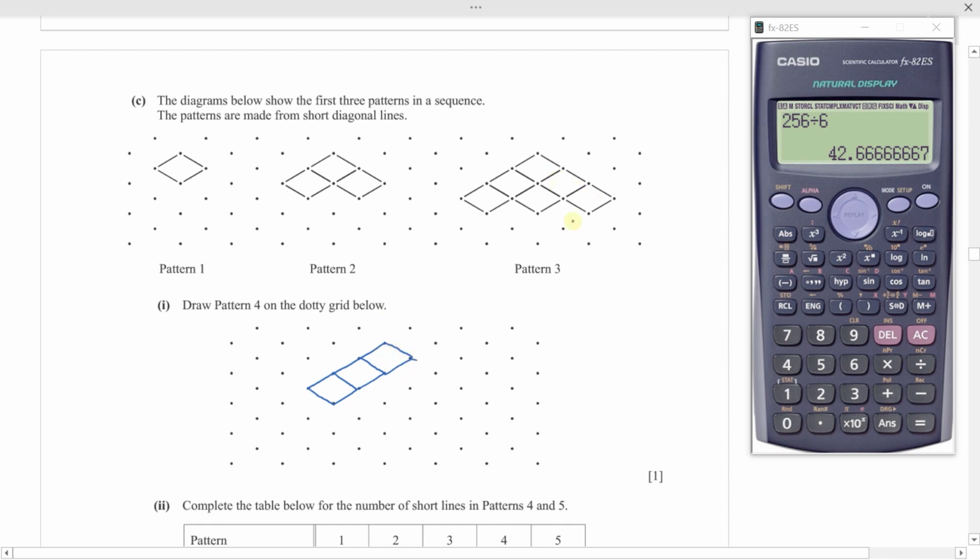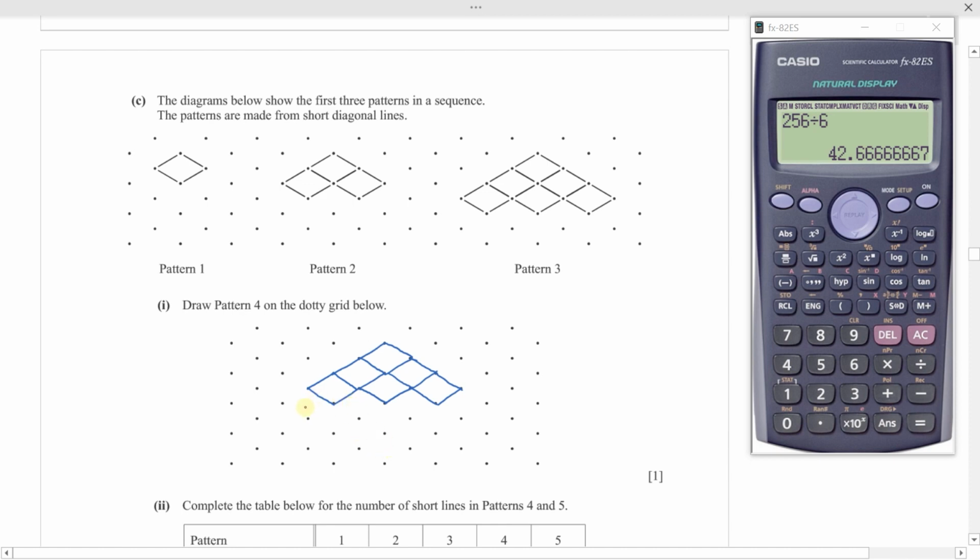So this is another 2 here, and then you have 1 here. So this is pattern 3. Now you have to draw pattern number 4. So let me add it in another color.